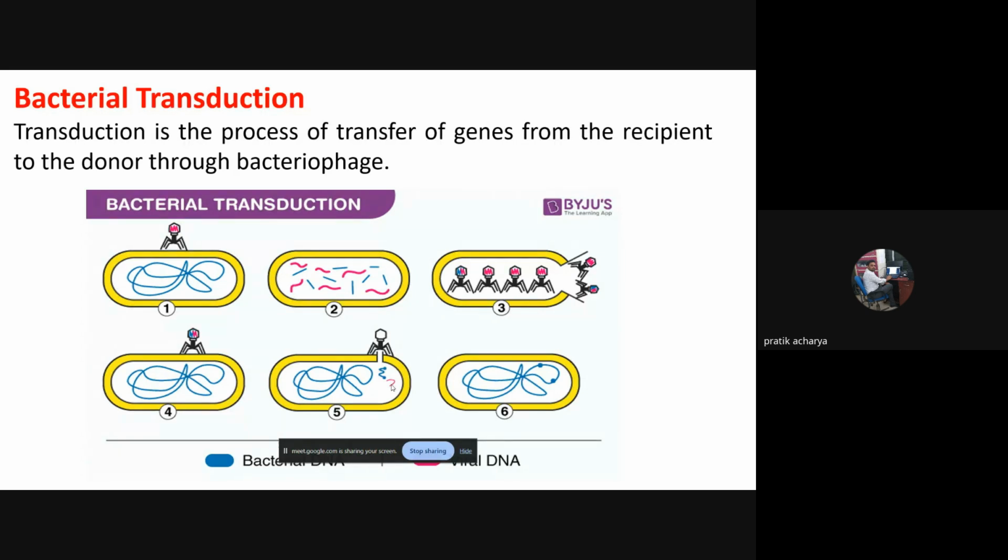Clear? So both are capable of integrating. One is bacterial DNA, it has the capability. One is phage DNA, it also has the capability of manipulation. They can incorporate into the process. Manipulation process is their own mechanism.